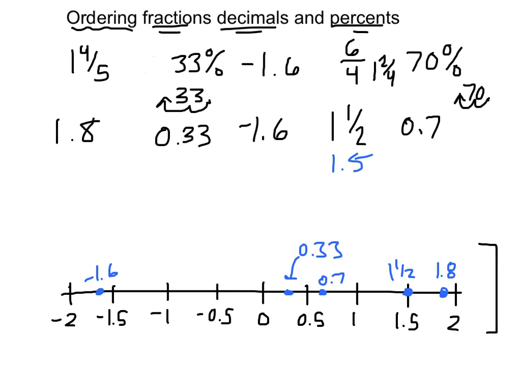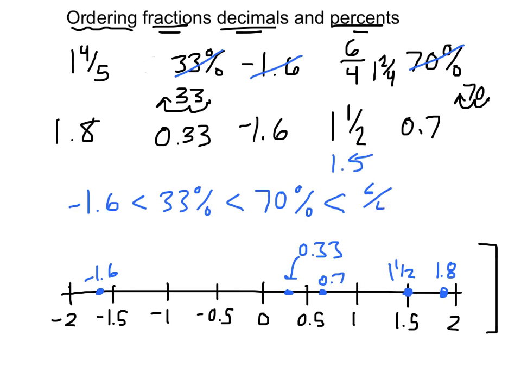So if I were going to put these numbers in order from least to greatest, negative 1.6 goes first. That's less than the next smallest number, which is 33%, which is less than 70%, which was 0.7 on my number line, which is less than 6/4, which was 1.5, which is less than 1 4/5.